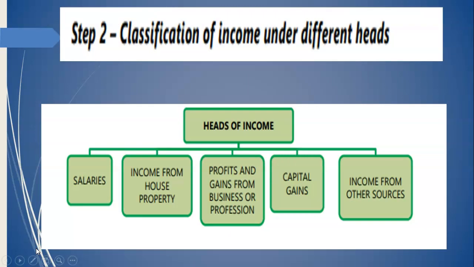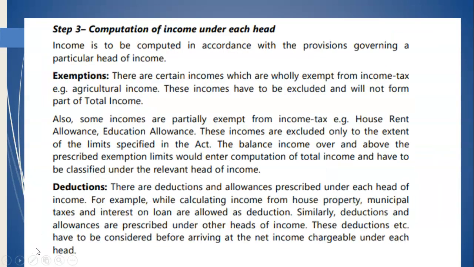One needs to also classify his income into 5 different heads, namely salaries, income from house property, profits and gains from business or profession, capital gains, and income from other sources.